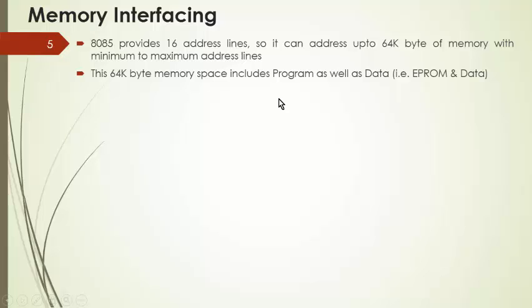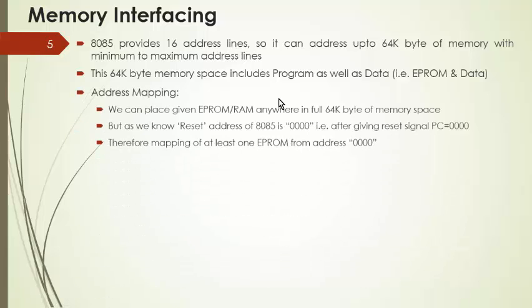As I said, this 64K memory space includes the program as well as data memory, that is EEPROM and data. So the user data and the code data, that is EEPROM, we can place anywhere in the 64 kilobytes of memory space.